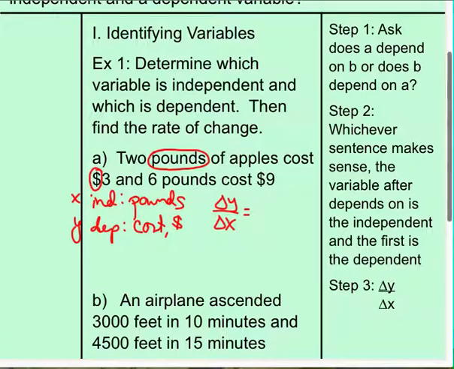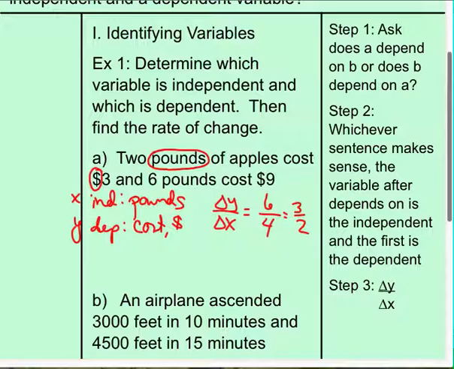So the change in our cost from $3 to $9 is an increase of $6. And the change in our pounds, 2 pounds to 6 pounds, is an increase of 4 pounds. So we're going to simplify this. And typically I would tell you to leave slope as an improper fraction.